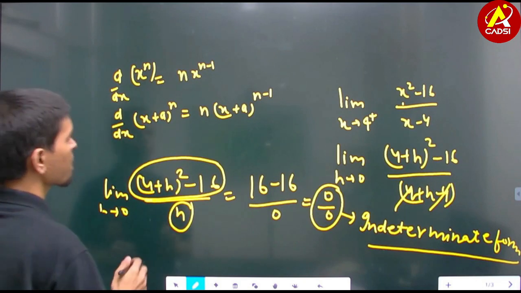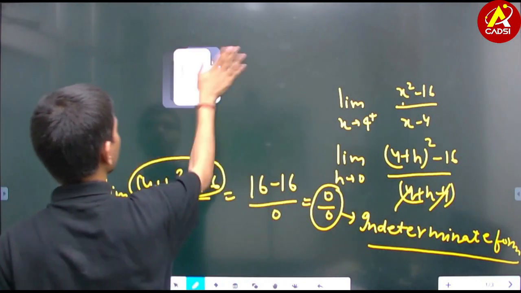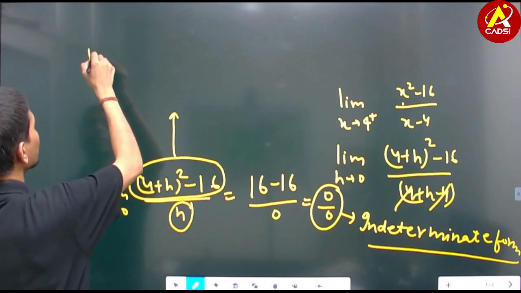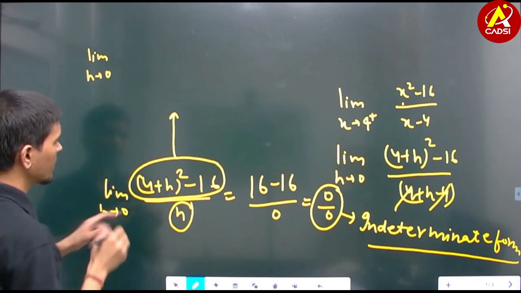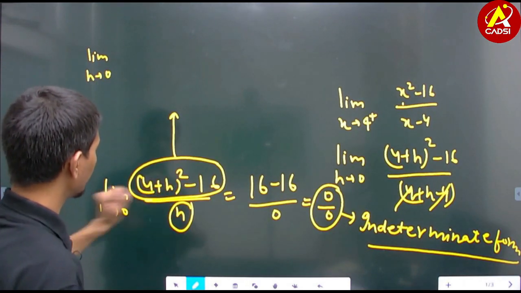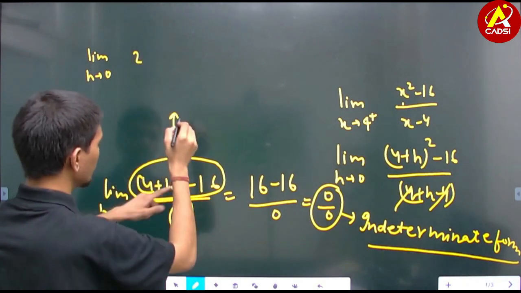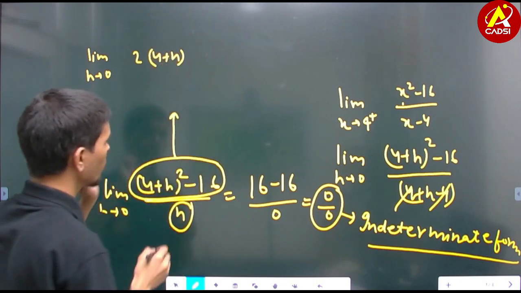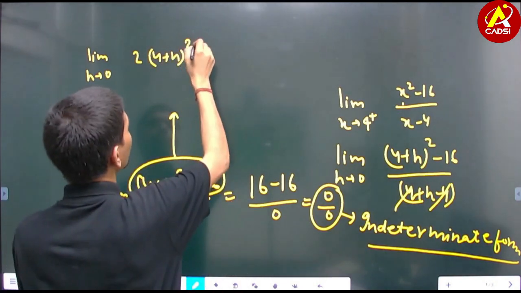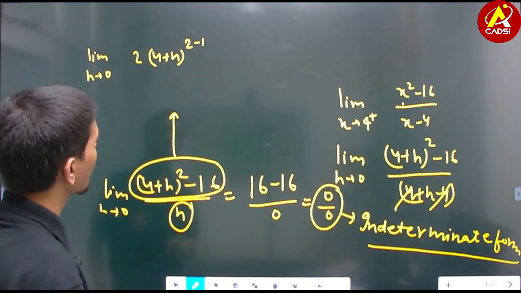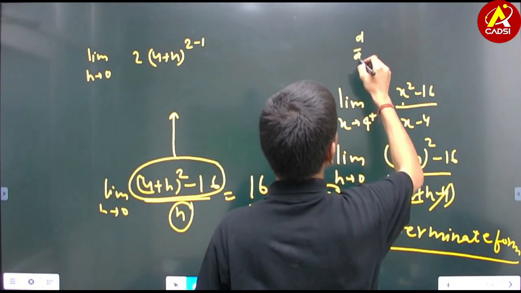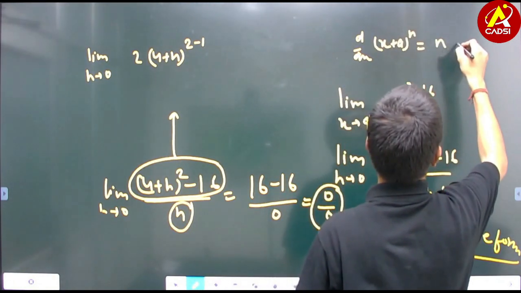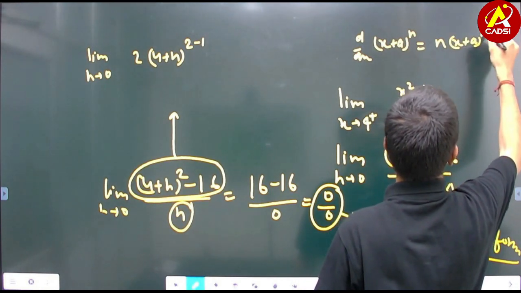So now we can write limit h tending to 0, the derivative of this function: 2 (4 plus h) to the power 2 minus 1, because d upon dx of (x plus a) to the power n equals n (x plus a) to the power n minus 1.